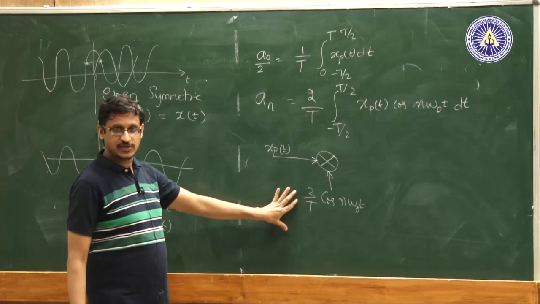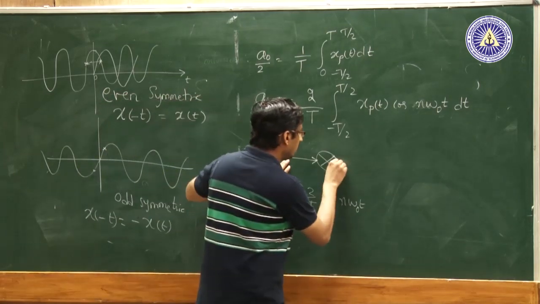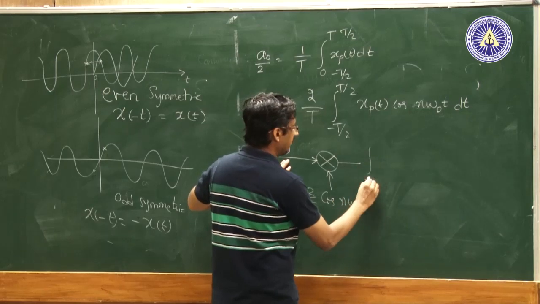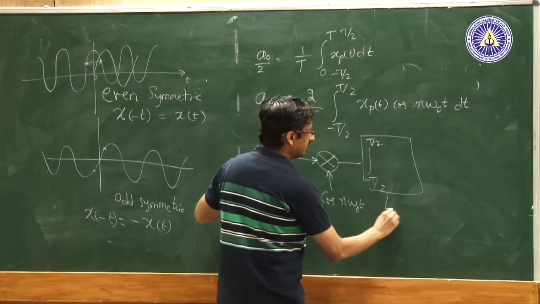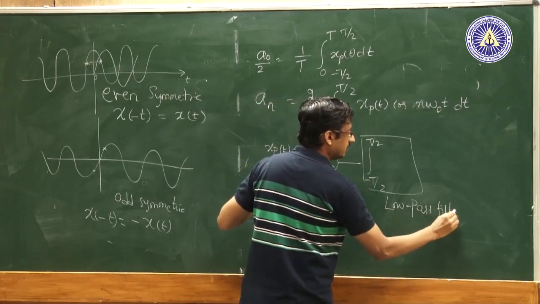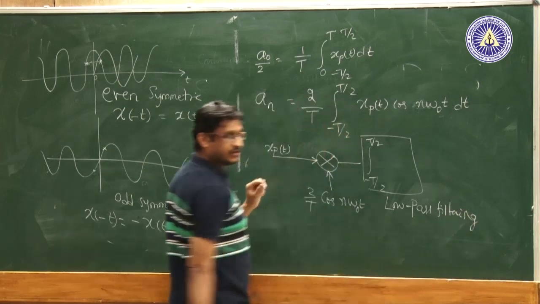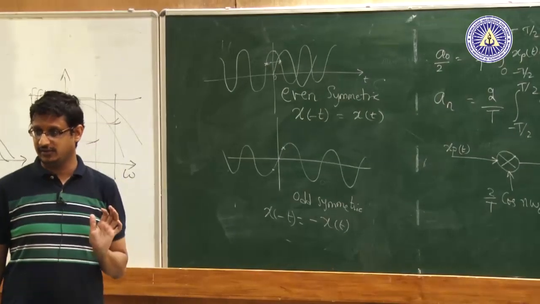This is something that you have generated, and this is something that is incoming. And then you look at the integration, and you will learn later on that this integration is essentially performing what is called low pass filtering. The integration performs an operation which we call low pass filtering.